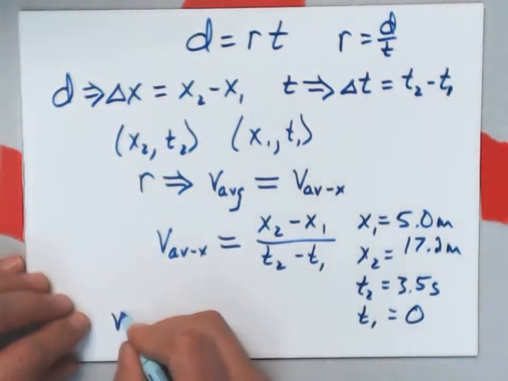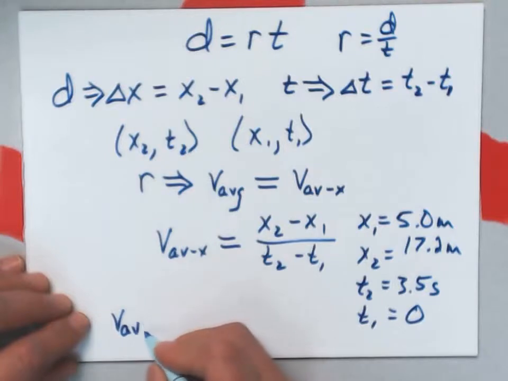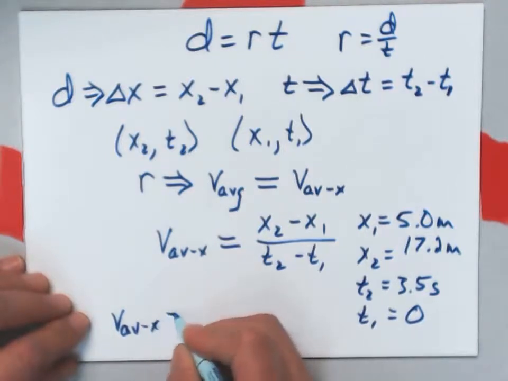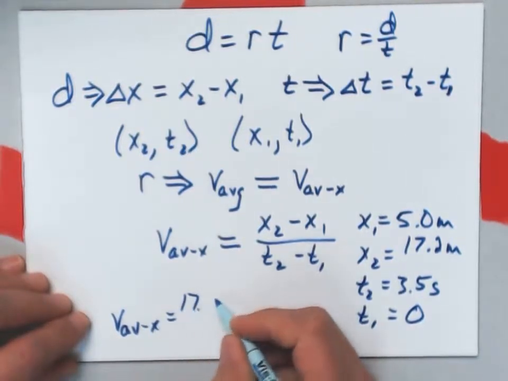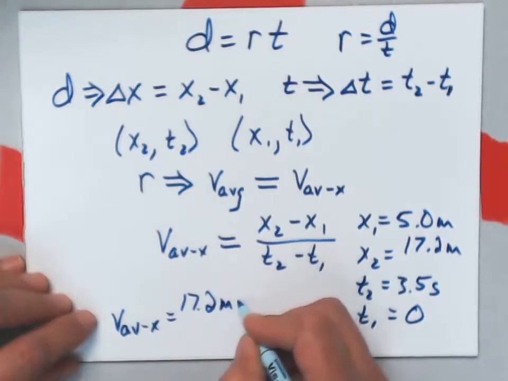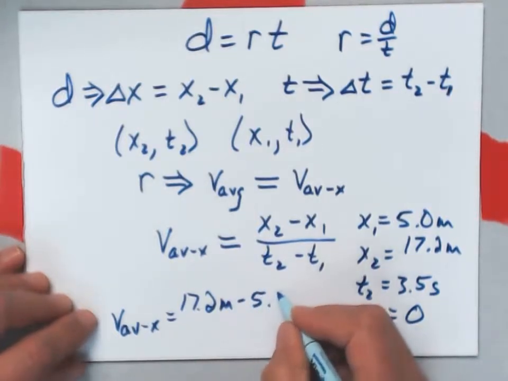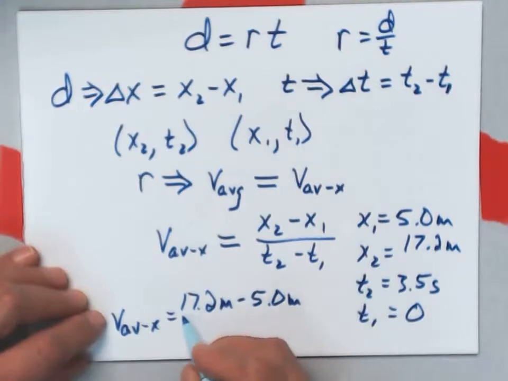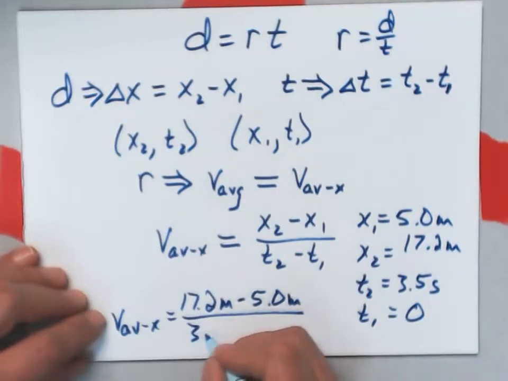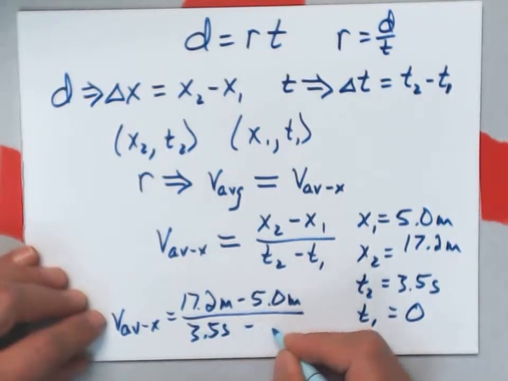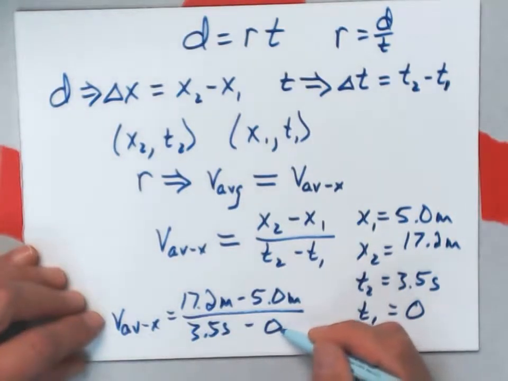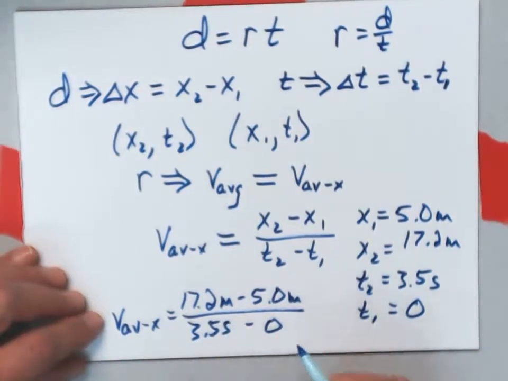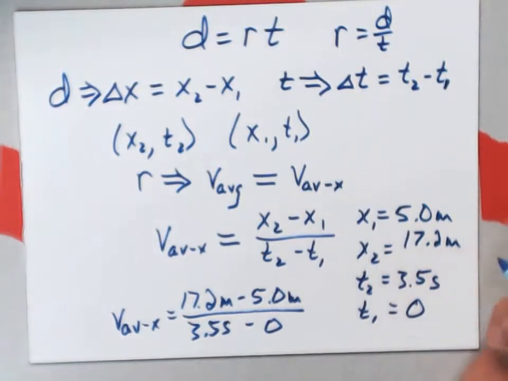So the average velocity under these circumstances would just be 17.2 meters minus 5.0 meters divided by 3.5 seconds minus 0. By the way, usually I would just not bother to write that minus 0 because it doesn't really do anything.